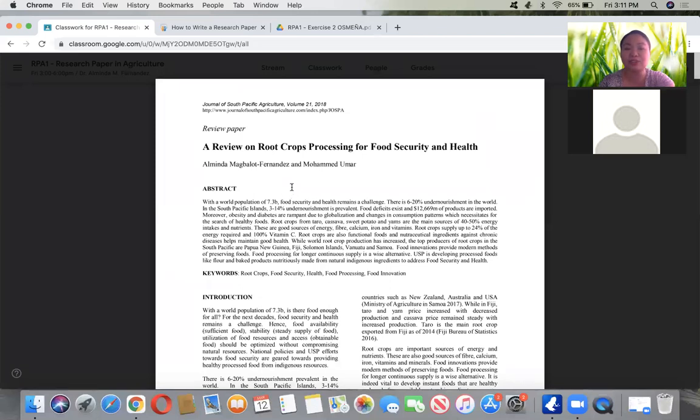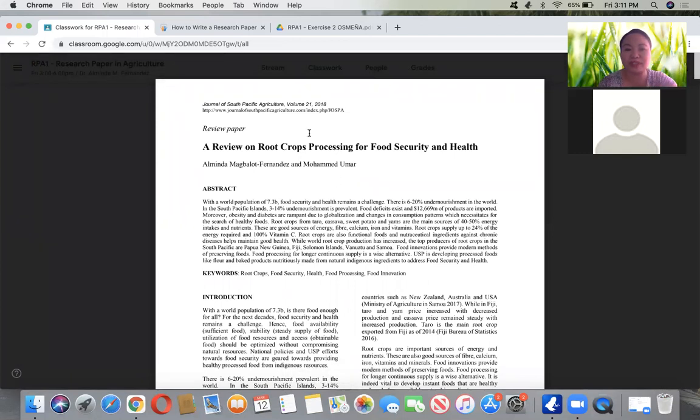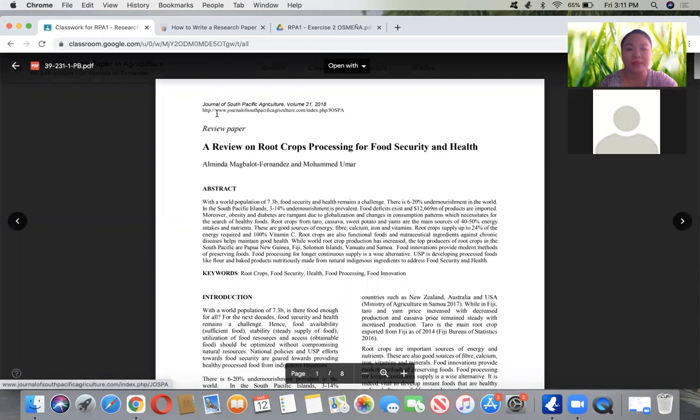So in your literature review, you can also make one like a review. This is for my own publication, a review on root crop processing for food security and health, with my boss before at the University of the South Pacific, and this was published in the University's College Journal of the South Pacific Agriculture.